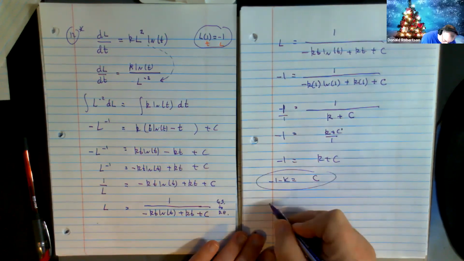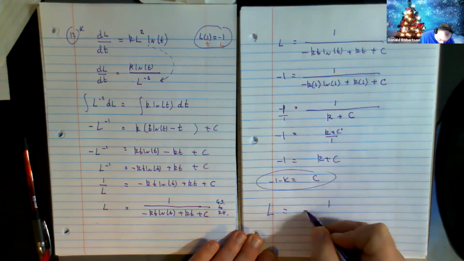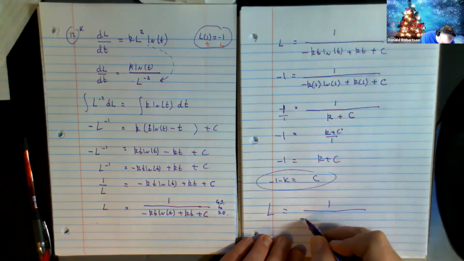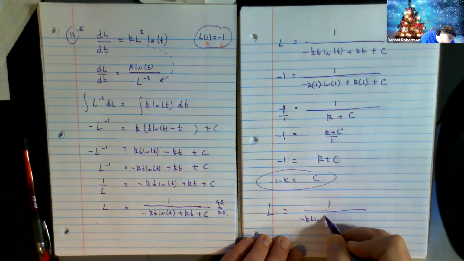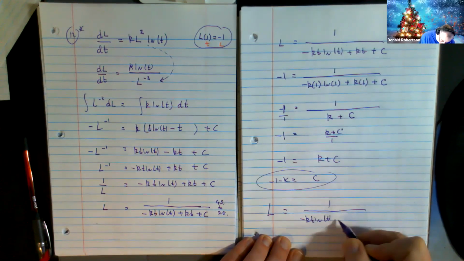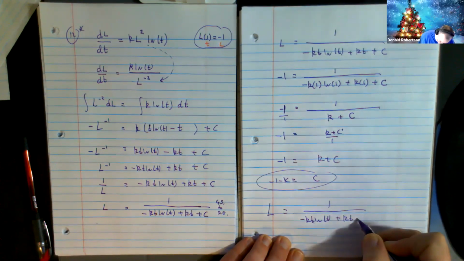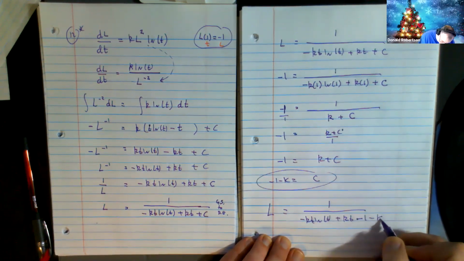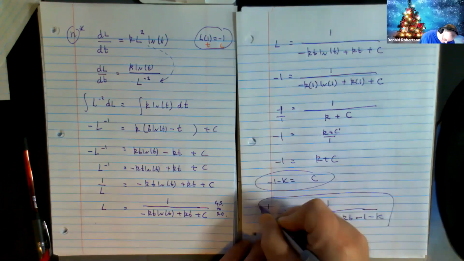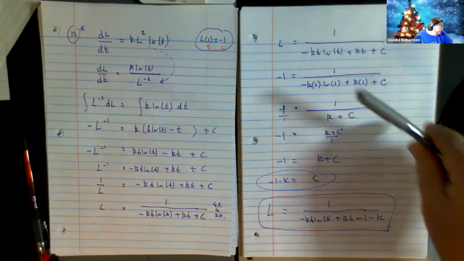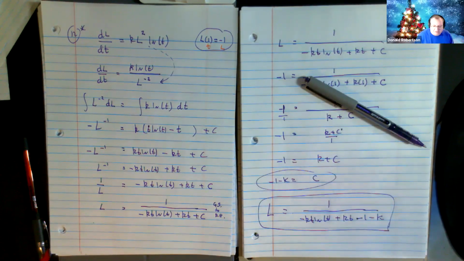Which means L is 1 over negative kt natural log of t plus kt. Technically add, but add those two guys, get you that. And stick a fork in it, it's done.